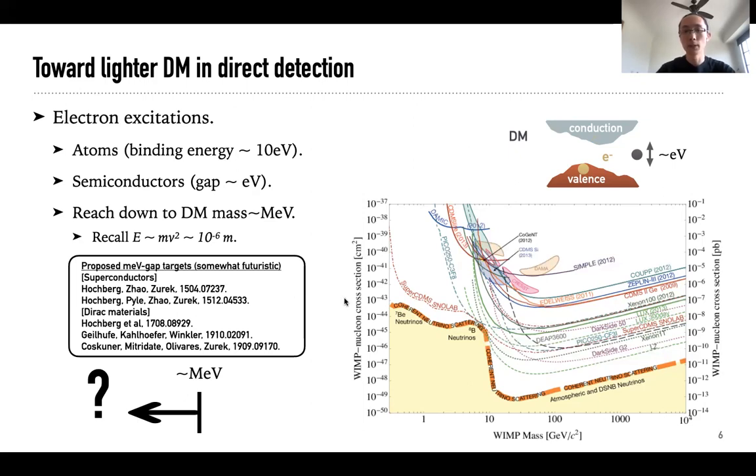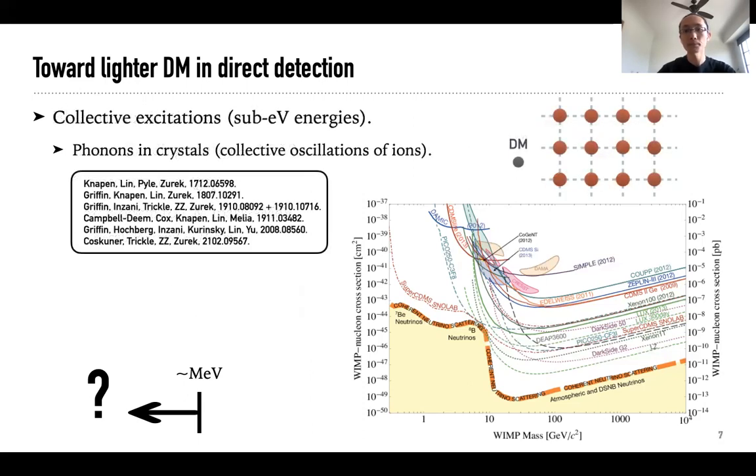So we still want to explore new ideas for how to look for light dark matter if there's something that can be realized in the more near term. This is what brought us to the idea of looking for collective excitations. Perhaps the most familiar type of collective excitations are phonons in crystals.